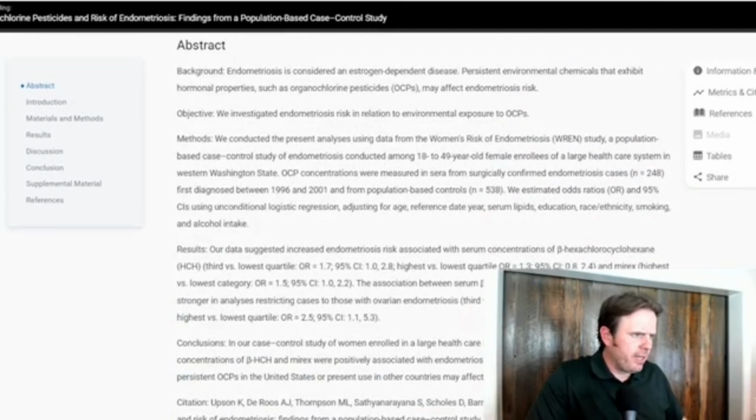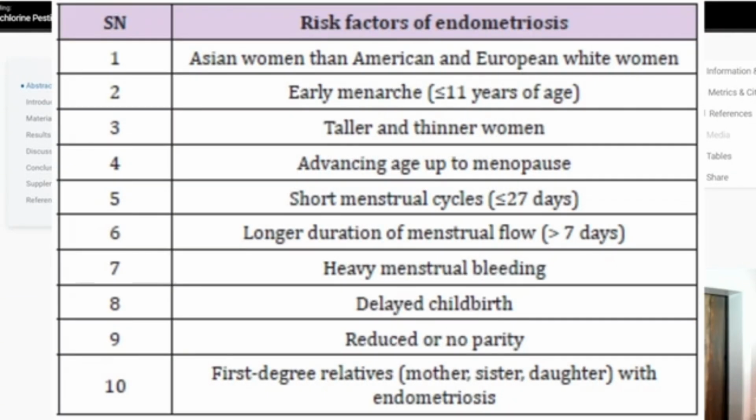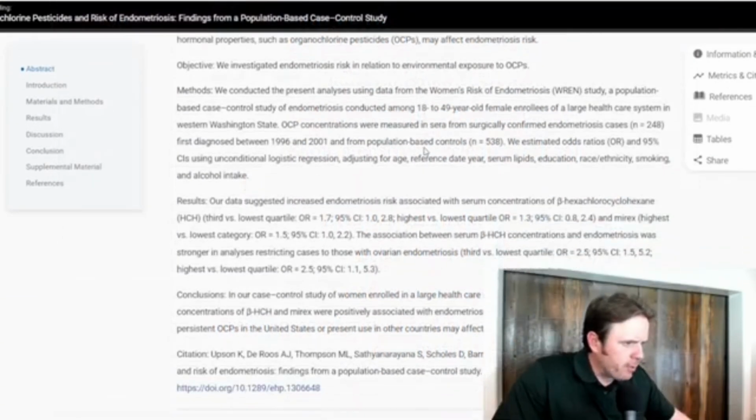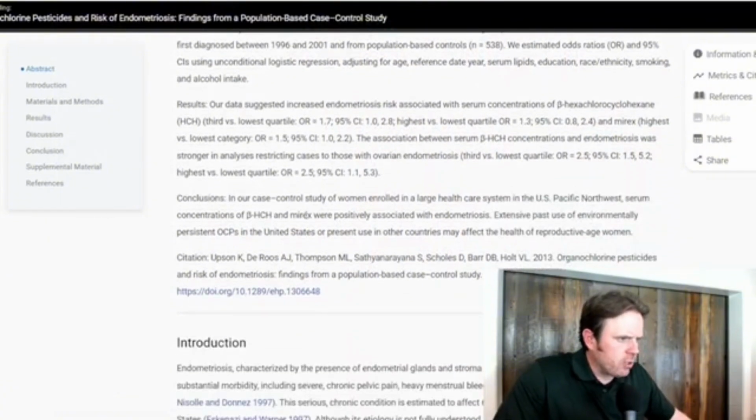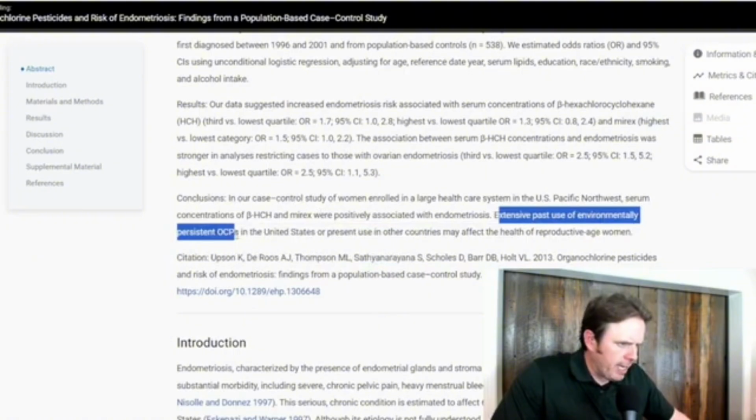But looking at this study here on pesticides, this is very cool. In this study, they conducted an analysis of the Women's Risk of Endometriosis study population, a case control study of women enrolled in a large healthcare system in the Pacific Northwest. They were looking at various organochlorine pesticides, extensive past use of environmentally persistent organochlorines.